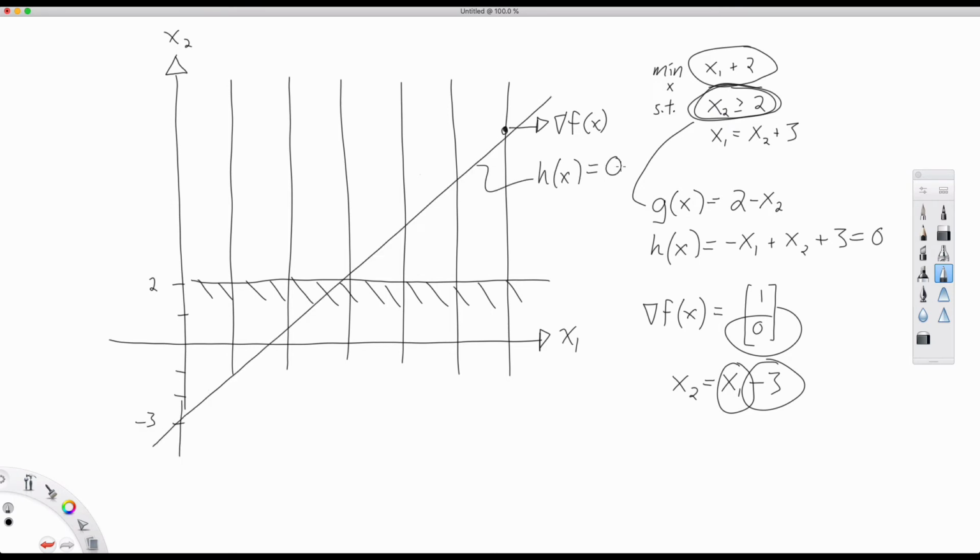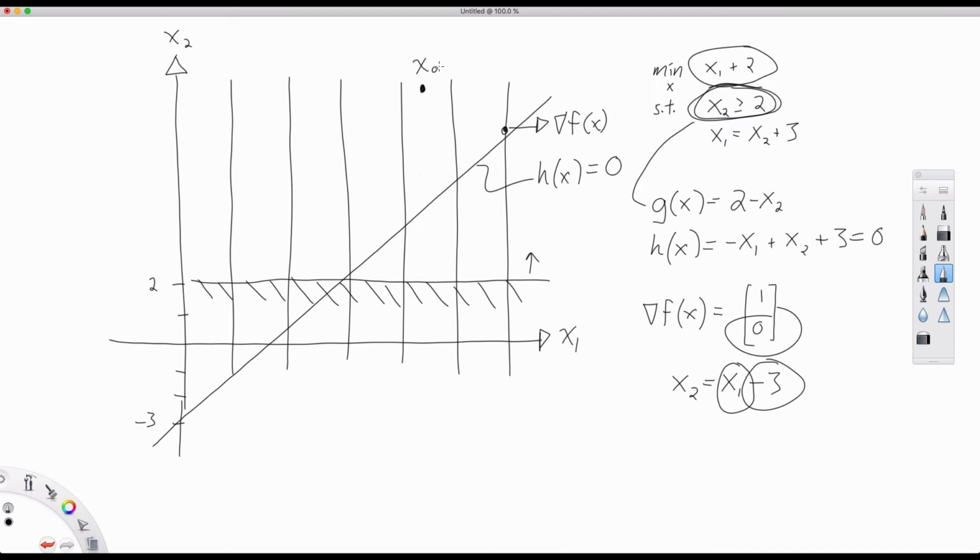To stay feasible, we must be on this line where h of x equals 0, and we must also stay above the line where x2 is equal to 2. Suppose we have an arbitrary starting point in the x1, x2 space. If we are applying a numerical optimization algorithm, we are going to want to start with this point and first find a feasible point.